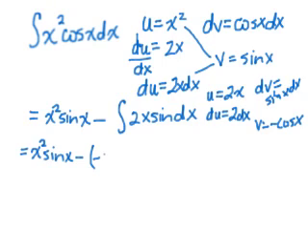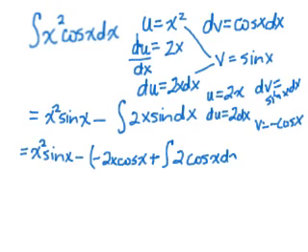So negative 2x cosine x. And then we're going to subtract the integral of v times du. And we're subtracting a negative, so I'm just going to add that and make that 2 times cosine x dx, like that.